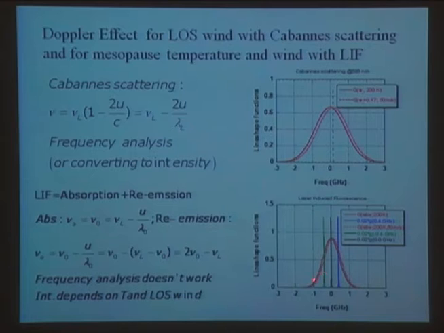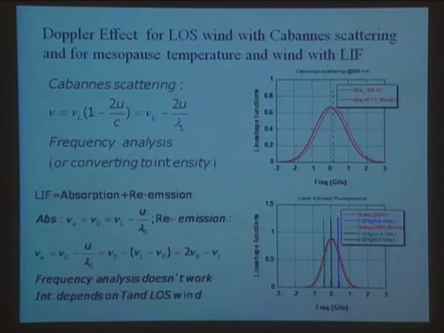And notice this is a factor 2 narrower just because you only shifted once instead of twice, right? So now when wind blows, this Gaussian envelope will move to the right, so the intensity will be different. And so now you use the intensity difference to get the wind information instead of frequency.